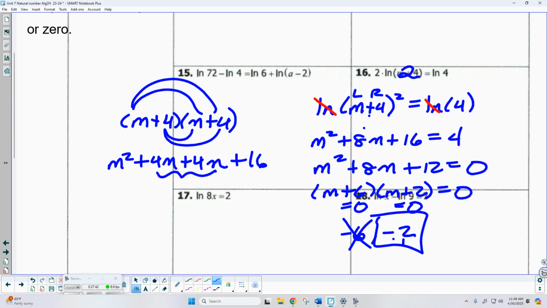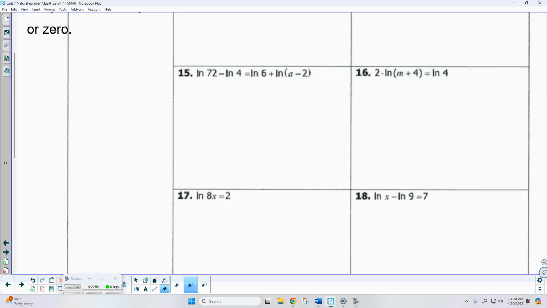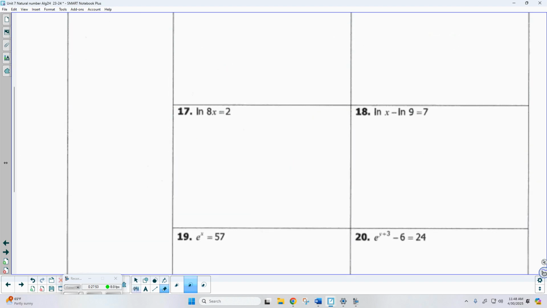All right. Well, let's go ahead and look at one last style of problem before we call it quits today. Let's look at 17. Now this one, it's not log equals log, but we've seen equations like this before. Natural log of 8x equals 2, what would I do? There you go.